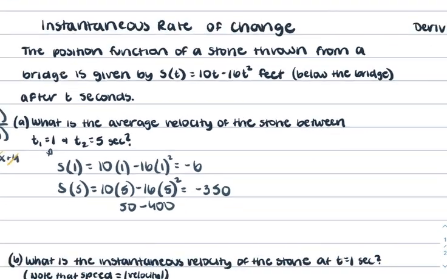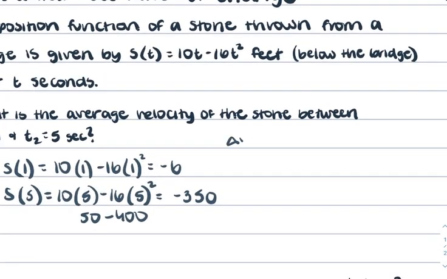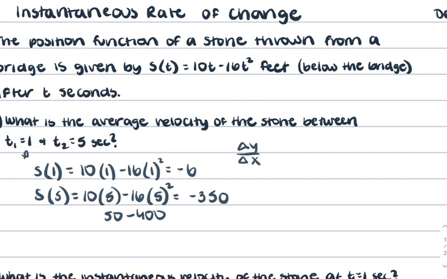And then to find the rate of change, basically the slope, change of y over change of x. Y in our case is negative 350 and negative 6. So we do negative 350 minus negative 6 over the x's, which is 5 minus 1.